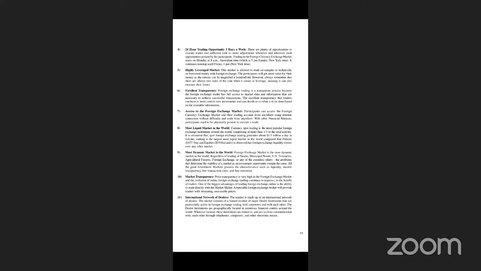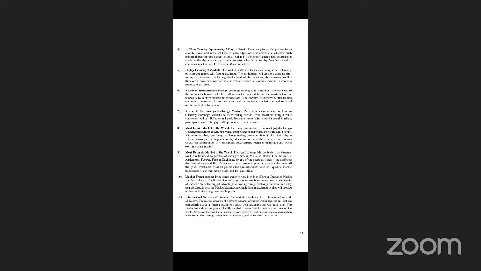Then we have access to the foreign exchange markets. It is not like we are in India and we are confined to only the markets of foreign exchange. If you are interested in any foreign exchange markets, yes, a participant can go without any geographical limitations towards any country, anywhere.